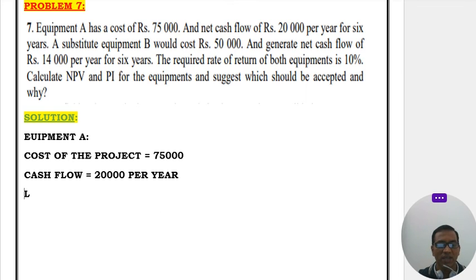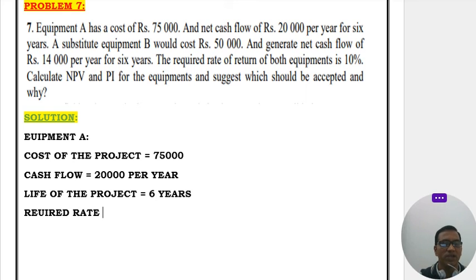And what about the life of the project? Life of the project is 6 years. So 6 years you will get. What about the rate of return, I mean the discount factor, required rate of return? It is also called the discount factor. Generally everywhere 10% only, equal to 10%.